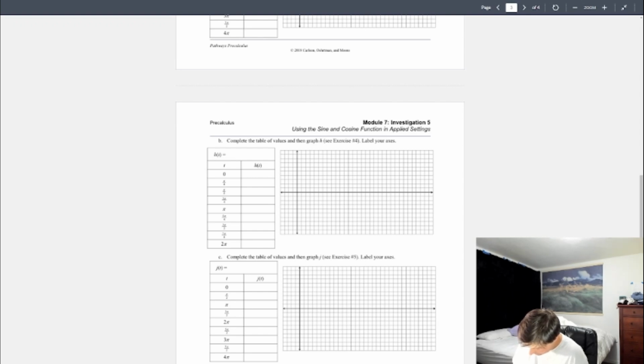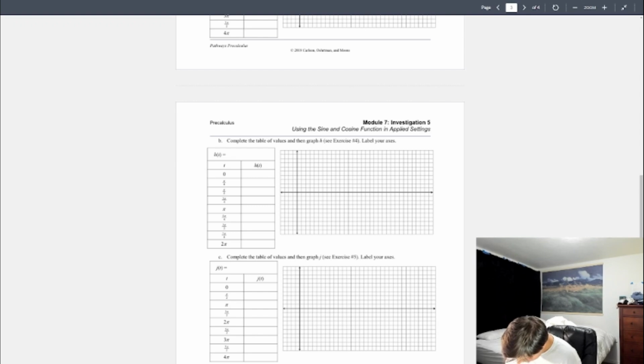That's too close. 1.15, 1.725, 2.3, negative 0.575, negative 1.15, negative 1.725, negative 2.3. Okay, and these are to 4 pi.